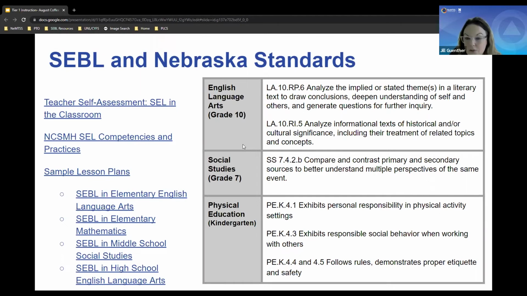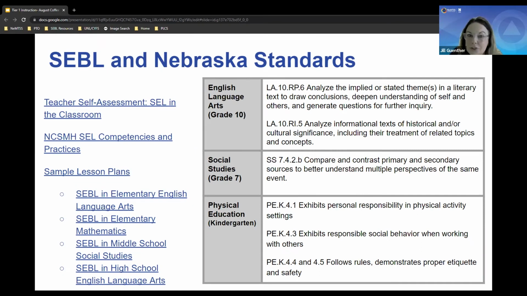Taking a look at social studies, which is one from grade 7, being able to understand different perspectives. So perspective taking, along the same lines of empathy. Again, social awareness is what we're seeing there. If you think back to our competency web that Mackenzie had reintroduced, those are some of the skills within.